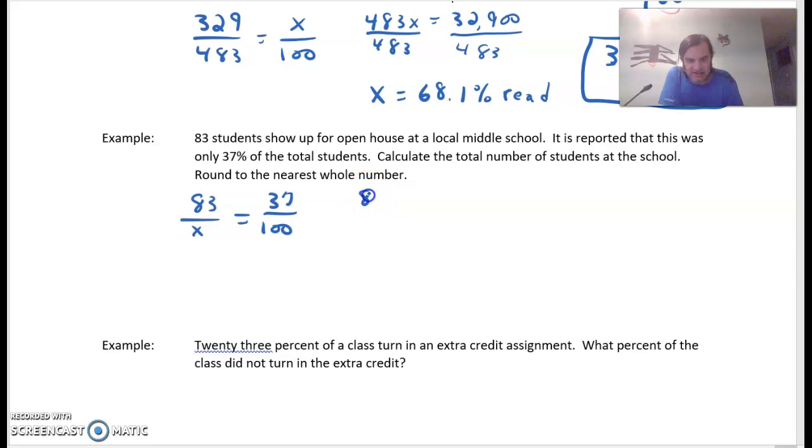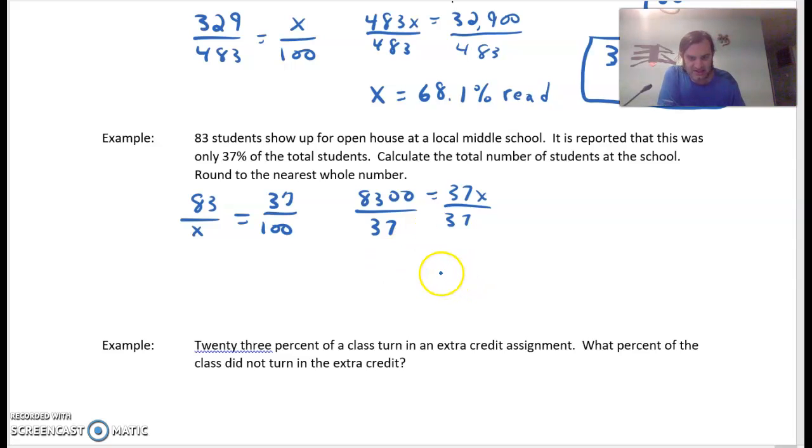Let's see, 8,300 equals 37x, divide both sides by 37. Let's see, 8,300 divided by 37. It says calculate the total number of students at the school and round to the nearest whole number.